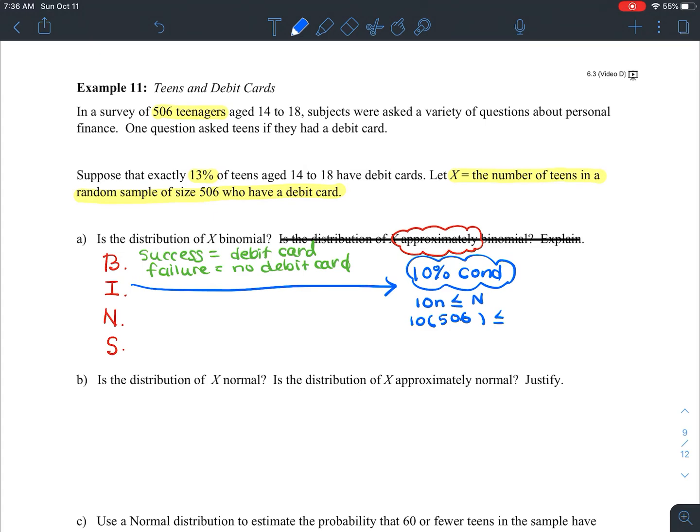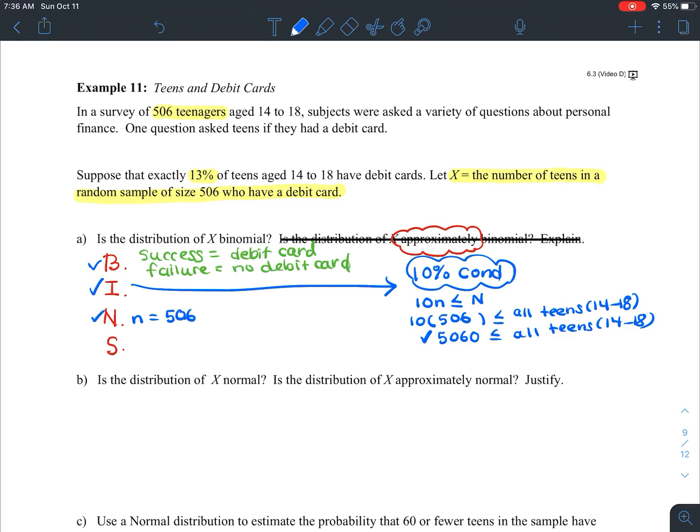And so we want to take 10 times 506, and we want to show that that number is definitely less than all of the teens that are between the ages of 14 and 18. And of course, there are way more than 5,060 teens between the ages of 14 and 18. So we're pretty safe with saying that this independence condition then is roughly met here. Okay, you always have to show the 10% condition if you are sampling without replacement.